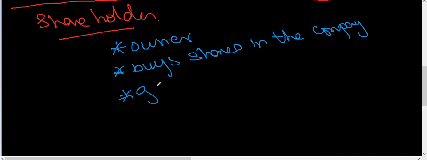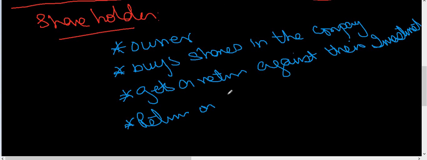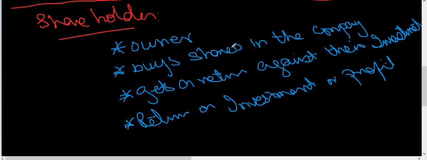She gets a return against their investment. That return on investment or profit is called dividends.